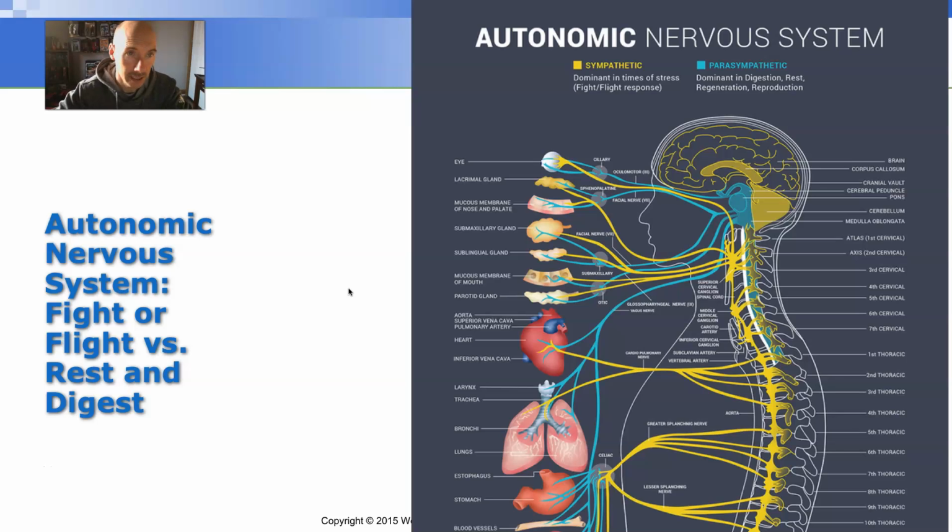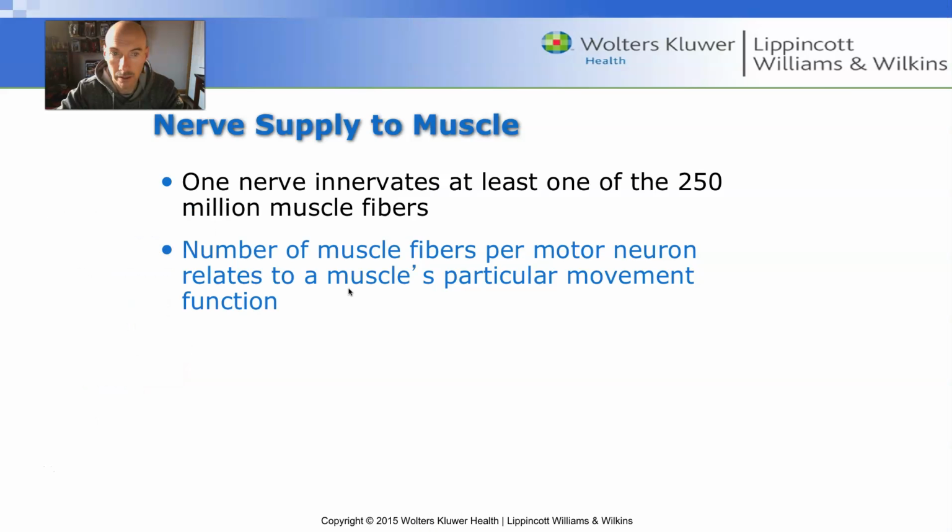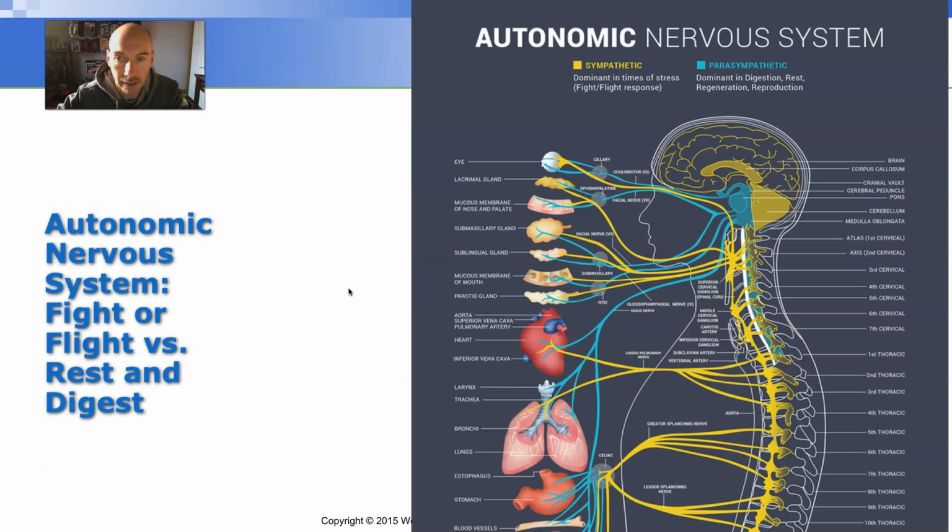Now, for your critical thinking assignment, I'm going to ask you to look at this slide in particular and think about, for an activity that you're doing, what effect the sympathetic nervous system is going to have to make that activity possible.